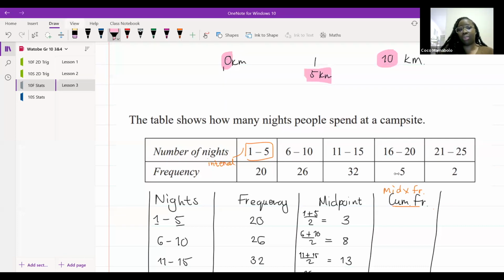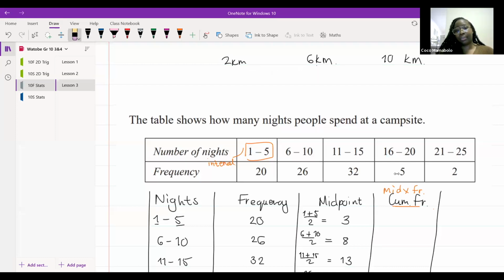Are you seeing what we've done there? Same if I'm at 2 kilometers and I'm going to 10 kilometers, how am I going to find my midpoint? Aren't you going to have to divide by 2? Yes, correct. I know that between 2 and 10, there's 8 kilometers, and half of 8 would be 4, which means my midpoint would be at 6 kilometers.